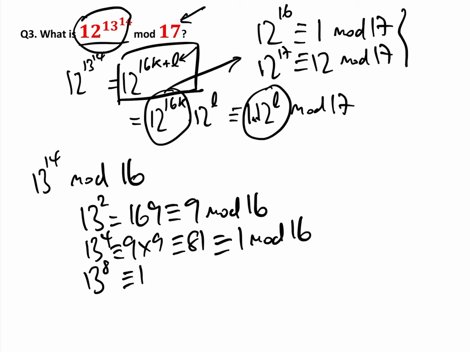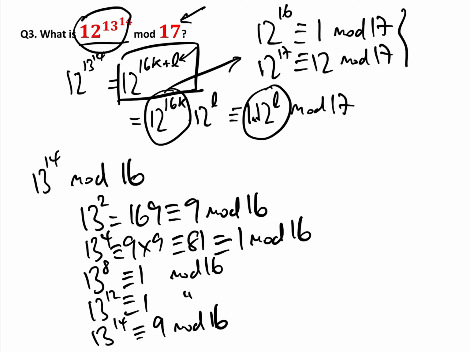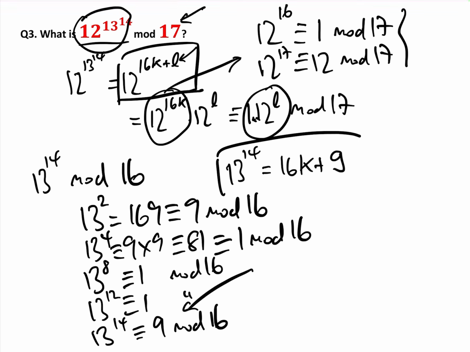So therefore, 13 to the power of 8 also equals 1 mod 16, and therefore 13 to the 12 equals 1 mod 16, and 13 to the 14, which is 13 to the 12 times 13 squared, therefore equals 9 mod 16. So we can rewrite 13 to the power of 14 as 16 times some k plus 9, which is the remainder here.